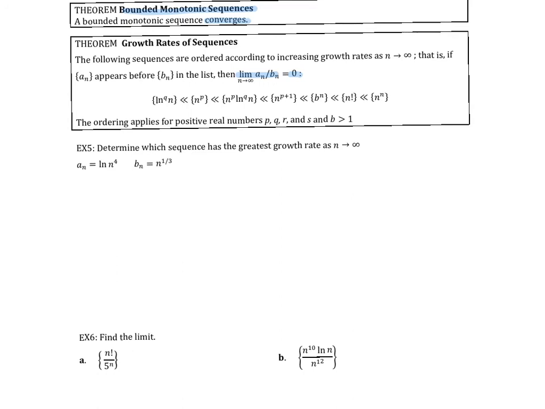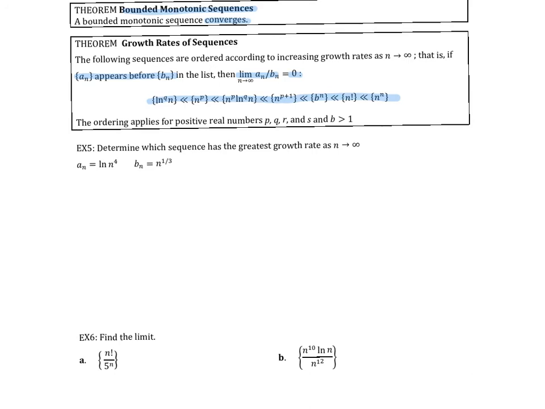So in your e-text, they'll say that the top sequence appears before the bottom sequence in this list of common sequences that grow at a certain rate. So natural log of n to the q grows slower than n to the power of p. So we can use these growth rates.